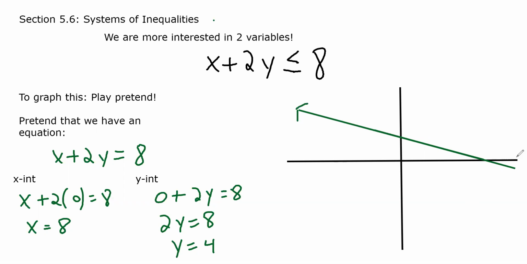And I'll label these points. Eight, 0. This point is going to be 0, 4. Just graphing by intercepts.